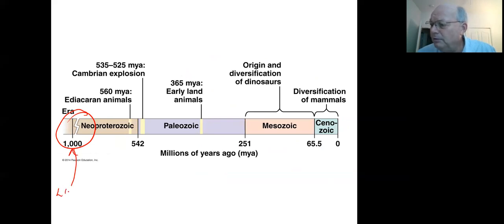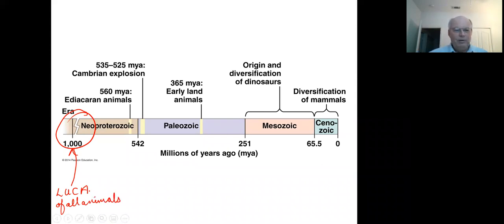So we'll call this the last universal common ancestor of all animals. Remember, LUCA, we often refer to as the last universal common ancestor of all life. We talked about that back near the beginning of the semester. Well, we could also identify a LUCA, last universal common ancestor of all animals.